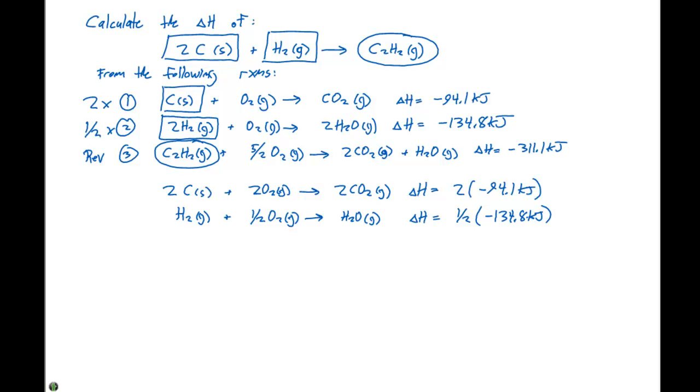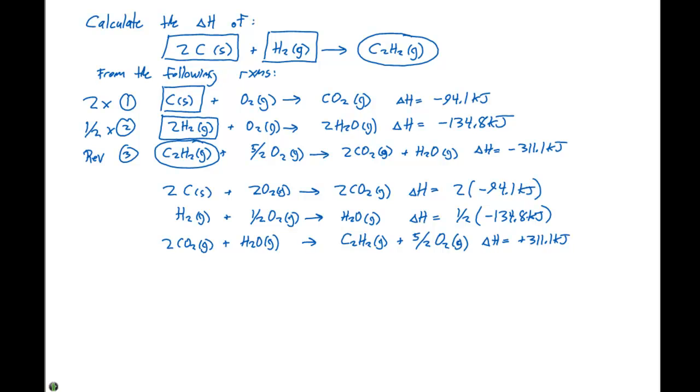So here we'll have 2 CO2 as a gas plus water in the gaseous form to give us C2H2 in the gaseous form plus 5/2 O2 also as a gas. Our delta H now for this particular reaction will be positive 311.1 kilojoules.